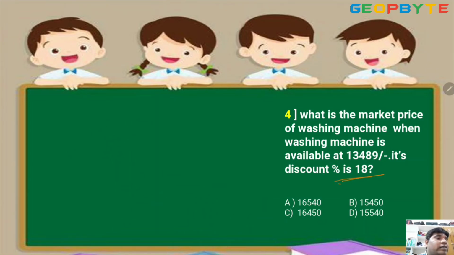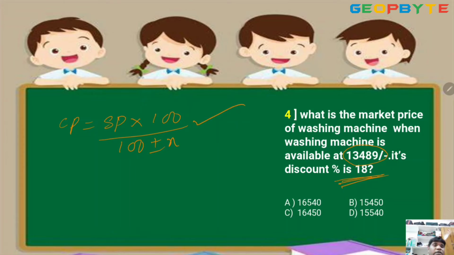18% discount given. This is the selling price. You want the original cost price. Cost price is equal to selling price into 100 by 100 plus or minus x. Already you know the formula. So the cost price you don't know, the selling price is 13489 into 100.